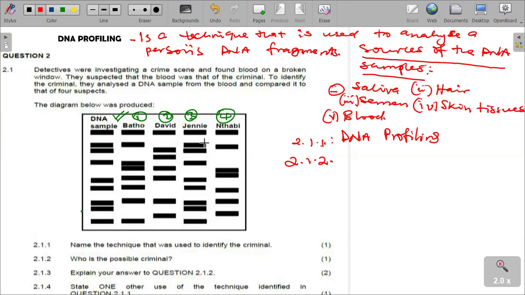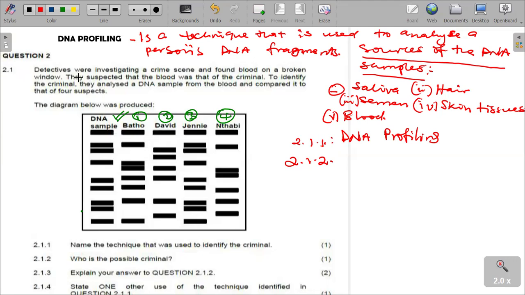So if you look at the one for Bato, it can't match here. We have 2 bars and we have 1 bar here. David is different, and then we have Jane. If you look at the one for Jane, we have a single bar there, double fragments there, 1 there, 2 there, 2 there, and then the 1.